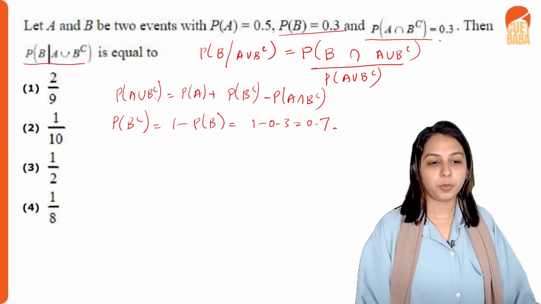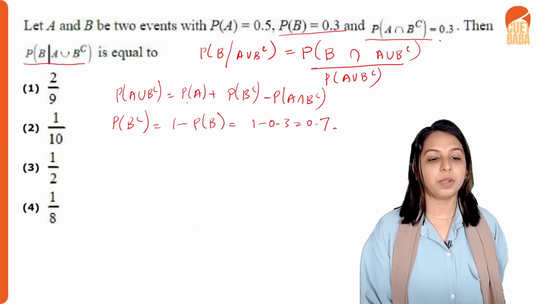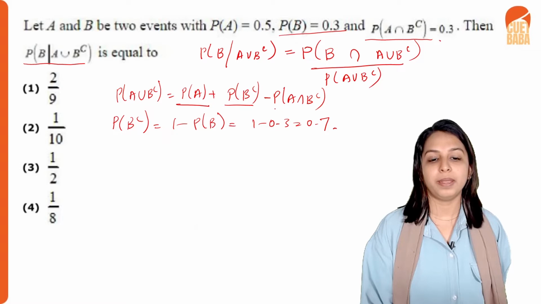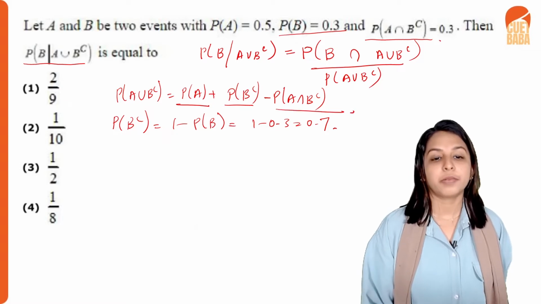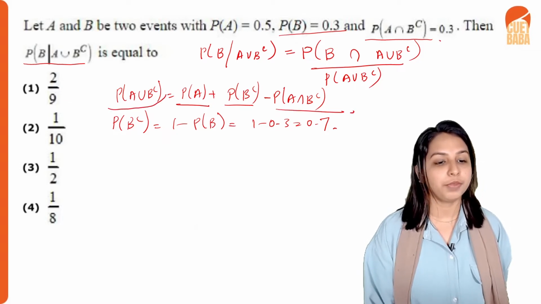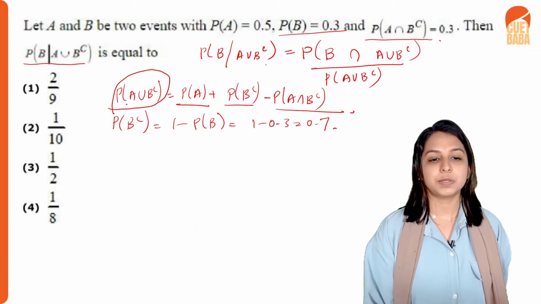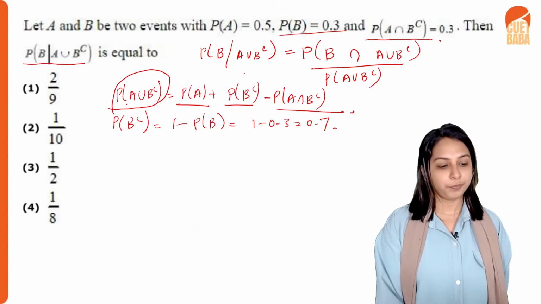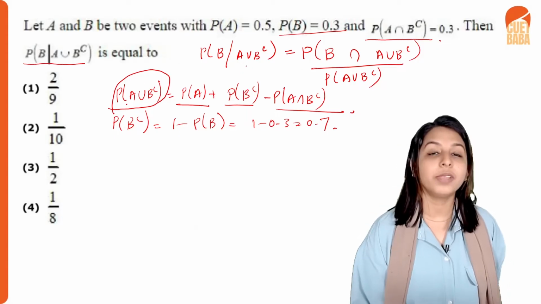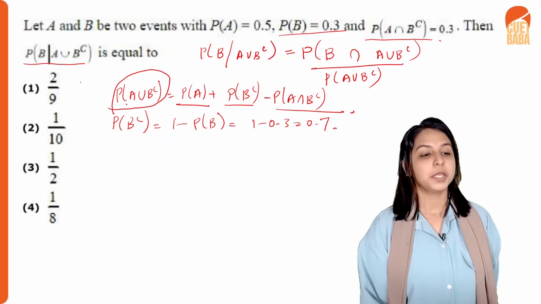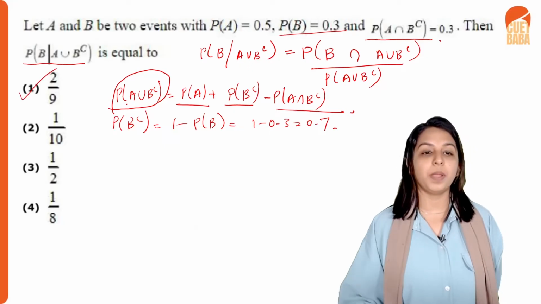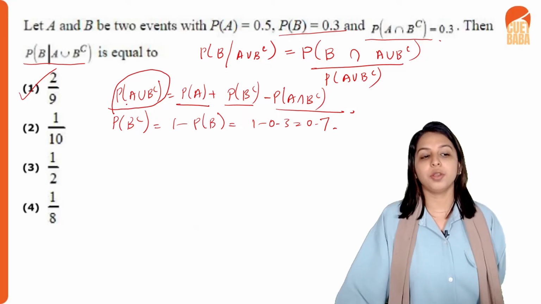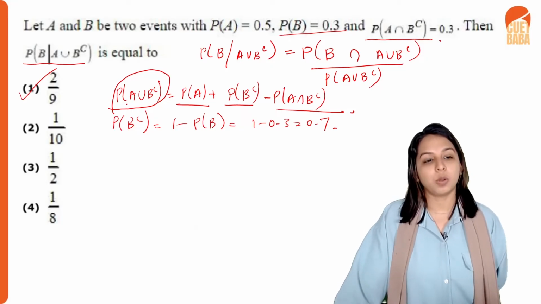Probability of A is equal to 0.5. So we have the values for probability of A, probability of B complement and A intersection B complement. From that we can find probability of A union B complement and substitute in the equation. We get the final answer as option number 1, that is 2 by 9, for probability of B given A union B complement.